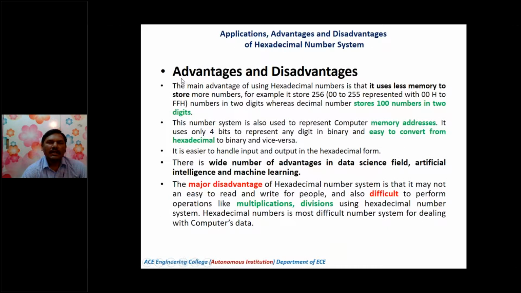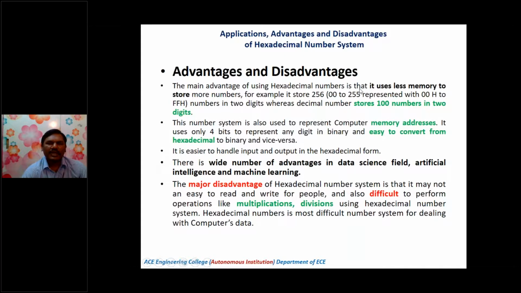Advantages. The hexadecimal number system is used to represent 256 values with two-digit representations. The two-digit representations are 00H to FFH. Whereas in decimal numbers, the two-digit representations are only 100 values, that is 0 to 99 or 1 to 100.